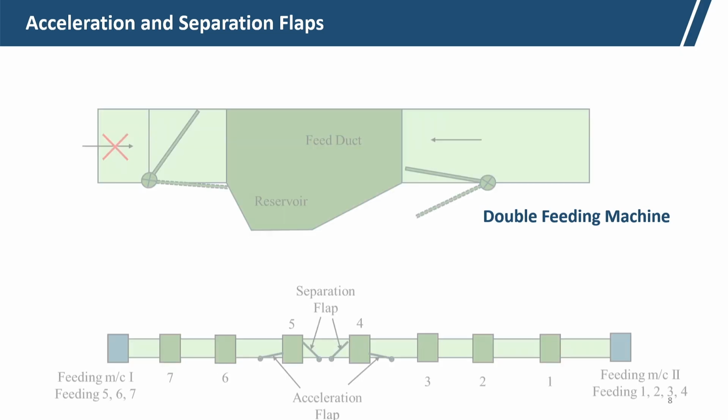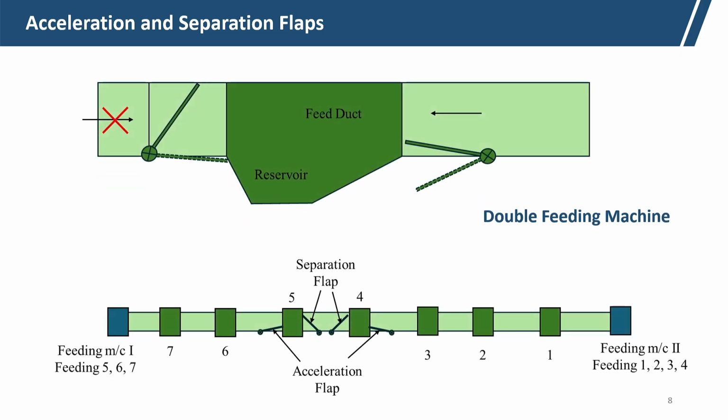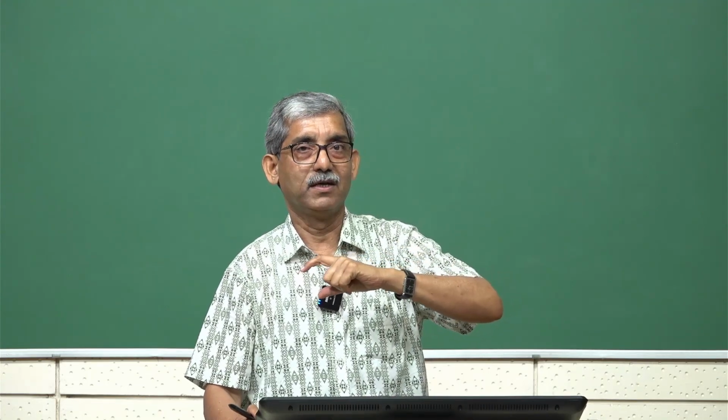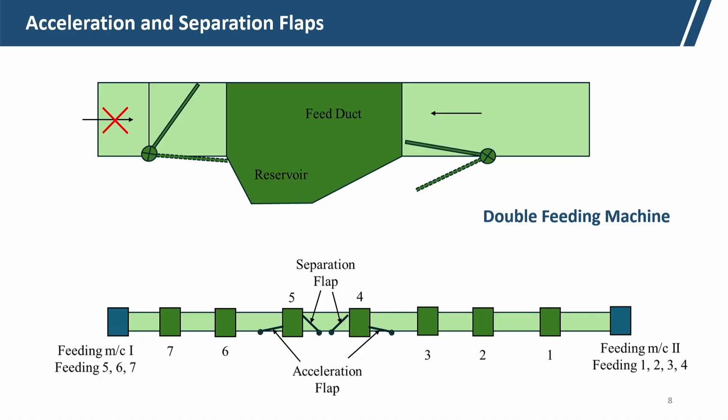Now, we have discussed the single feed system. Now, the double feed system. The double feed system is important because with a single feed system on a long carding line, there are a number of carding machines, maybe 20, 30 carding machines in a single line. In that case, if we have a single feed, the problem would be that in the last section the pressure may not be adequate, even after the acceleration.